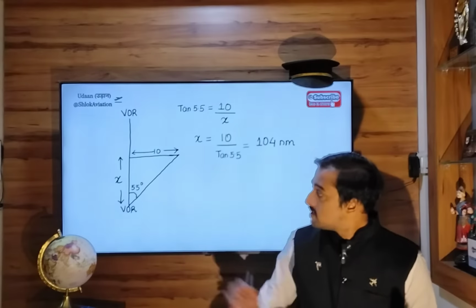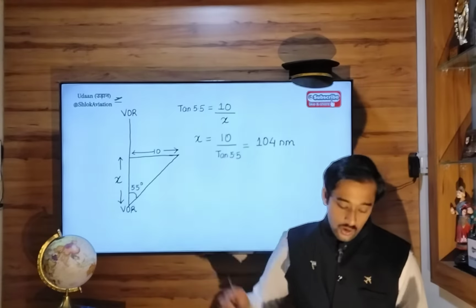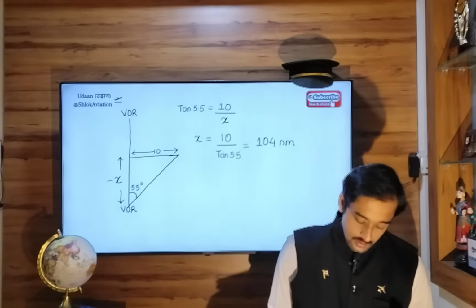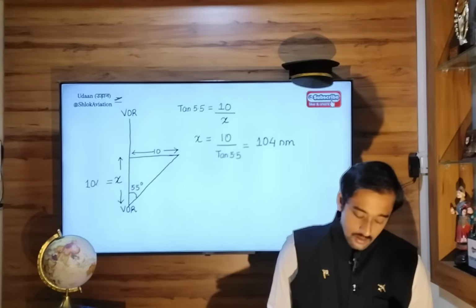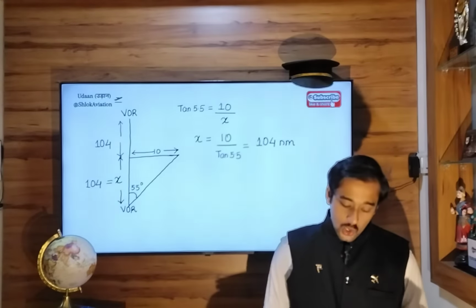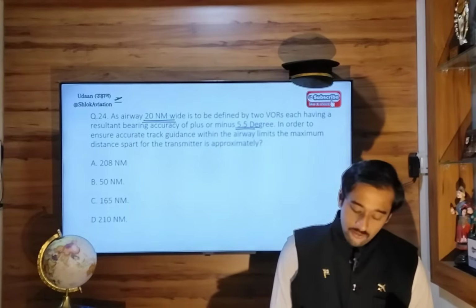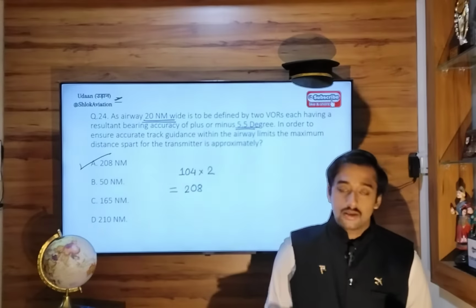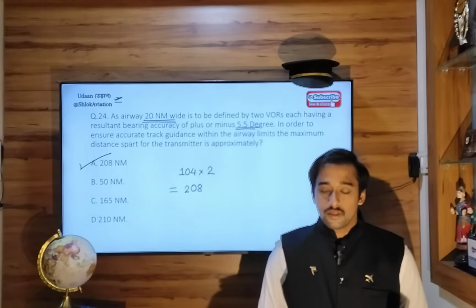So that means this distance is 104. Similarly, this will also be equal to 104. Okay, so the total distance is how much? 104 into 2, which is 208 nautical miles. So option A is the correct answer.